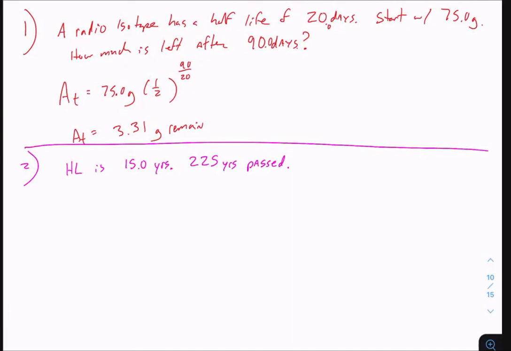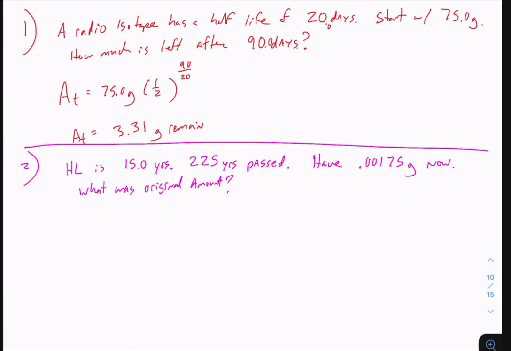If let's say we currently have 0.00175 grams of a radioisotope. What was the original amount? So I'm giving you the half-life, I'm giving you the time, and I'm giving you the current amount. What was the original amount?